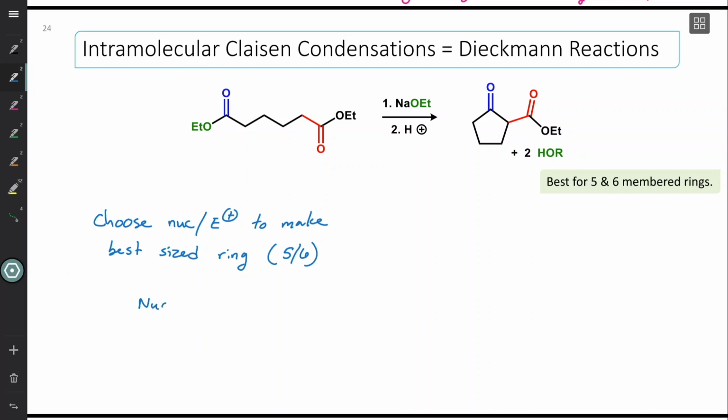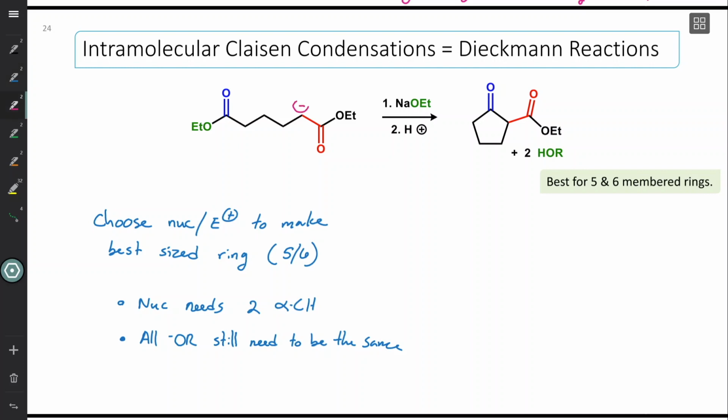Your nucleophile still needs to have your 2 alpha CHs. That still needs to happen, and ideally all your OR groups need to be the same, right? But if you match all of these criteria, then you're good to go.